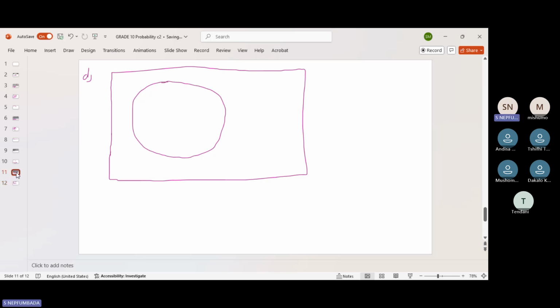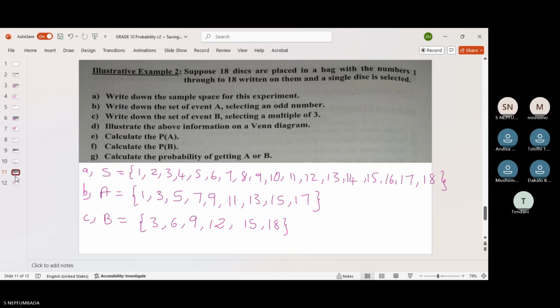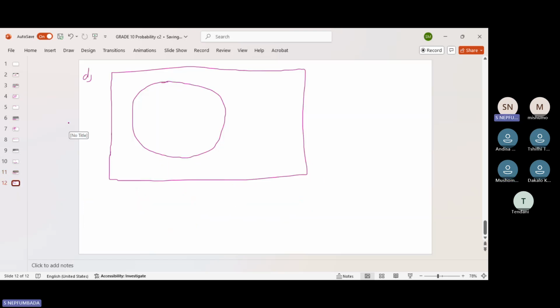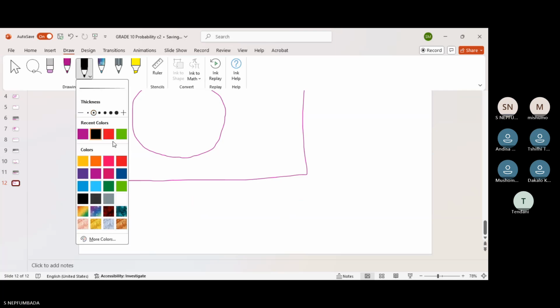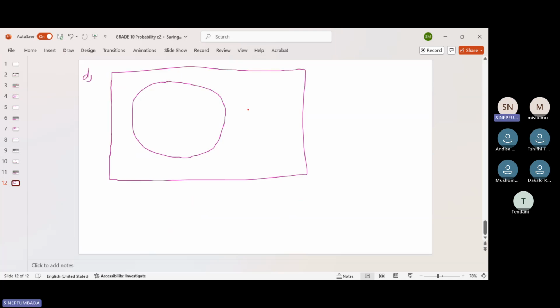Are events A and B sharing numbers? Yes. Okay, it means our circles must intersect. We've got event A and we've got event B.